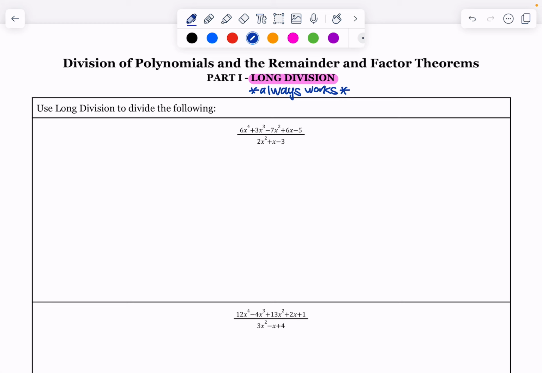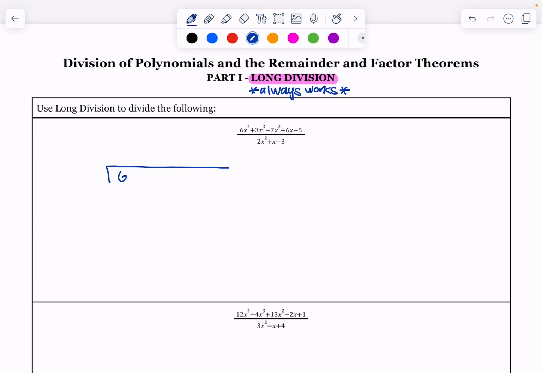We have 6x to the fourth plus 3x cubed minus 7x squared plus 6x minus 5 divided by 2x squared plus x minus 3. Long division works exactly how you would do it in like third, fourth grade. Okay, we're just using polynomials instead. So I'm going to make my division symbol.